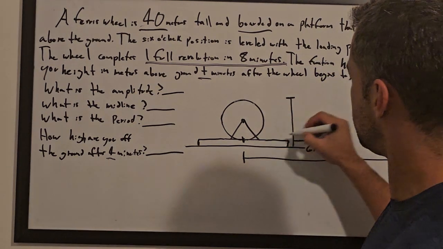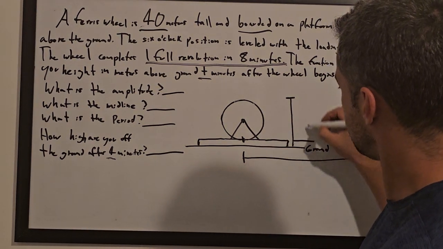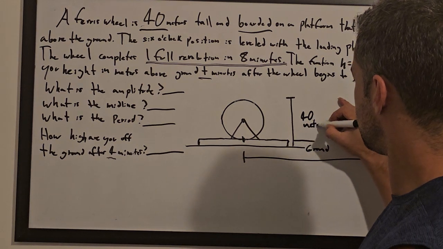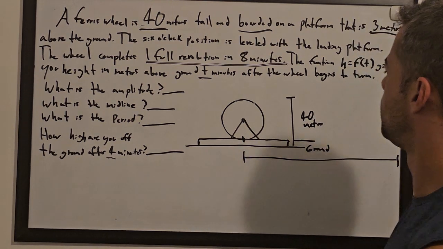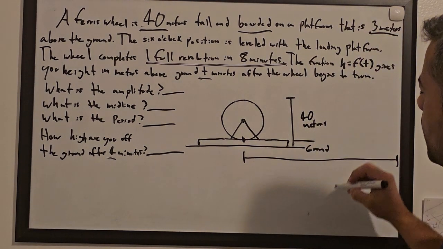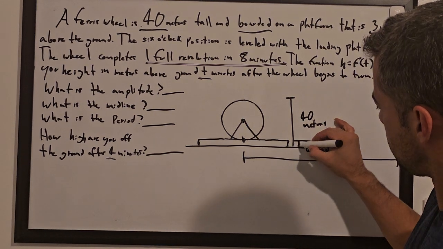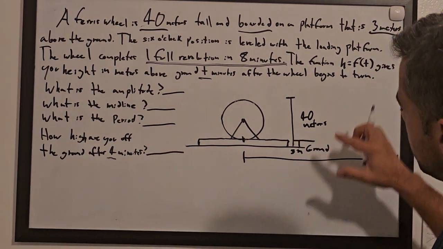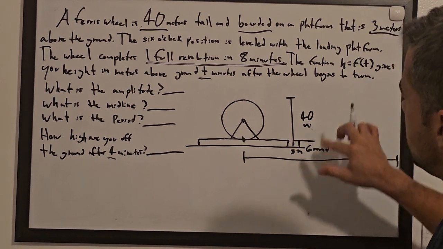So the wheel from here to here is 40 meters tall. This here is 3 meters. Let's just put an M there.